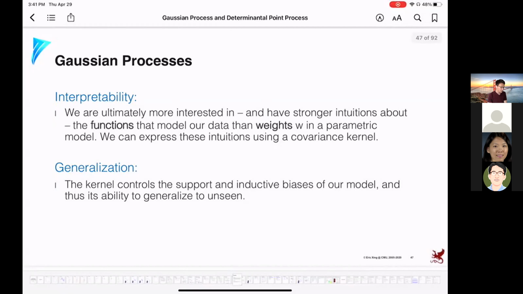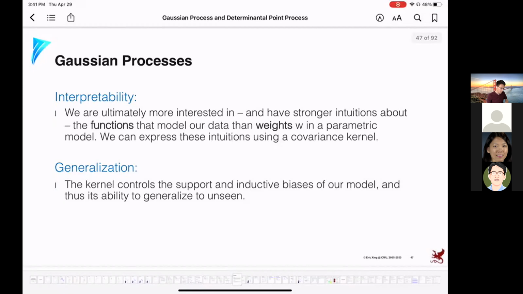And for the Gaussian process, we're looking at things in a different way. We want to directly specify the function itself. There is no parameter, or at least the parameters are implicit. I want to get an intuition of this function. So whenever I have a new X, I plug it into this function and I will be able to get the output.